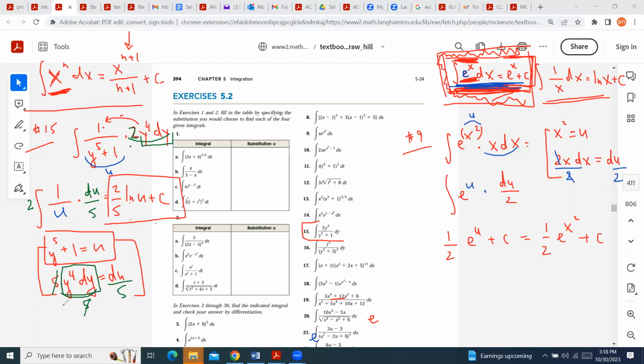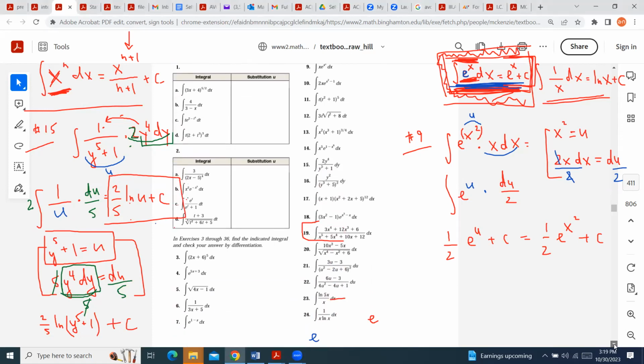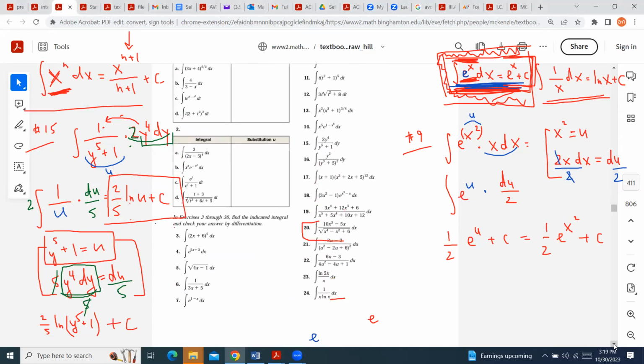So 2/5 is going to be multiplied by ln of this u, y to the power of 5 plus 1, and the constant. So it turns out we're doing pretty much the same procedure. We substitute, we find its derivative. So that's really the same thing for all of them.